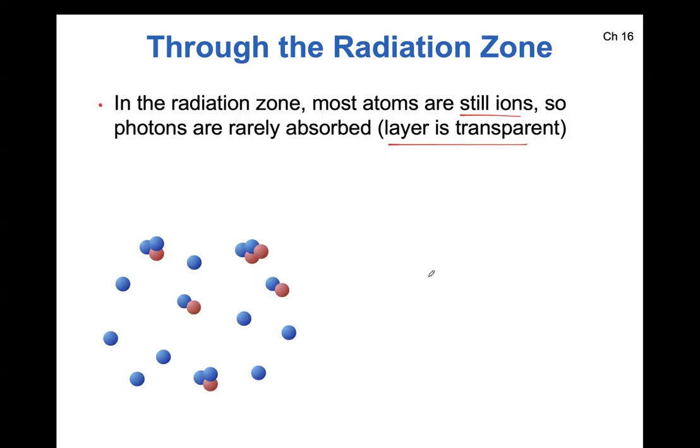But regardless, what does that look like? The fact that most of the atoms are still ions and the photons can't be absorbed. Okay, so it means that the energy is going to stay as light. So, in other words, the energy of those gamma rays can't turn into quote unquote heat yet, which is a little bit of a misnomer.